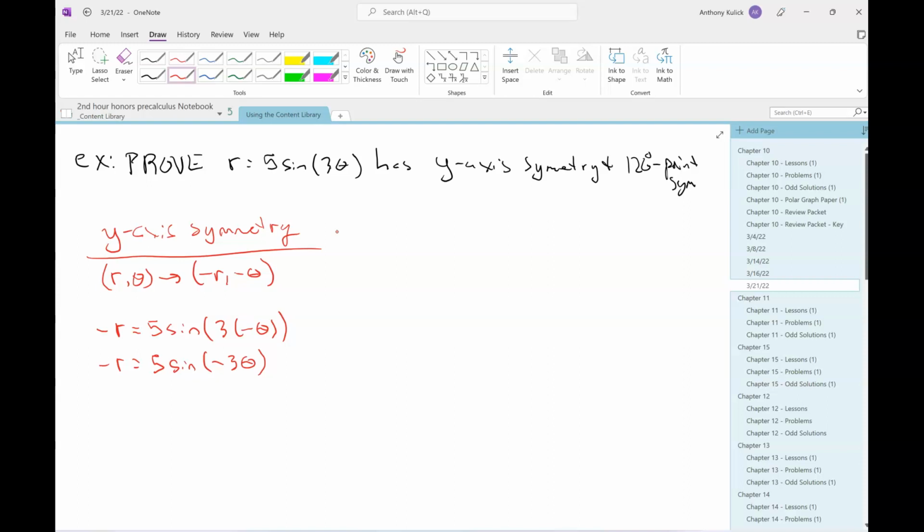Maddie? The sine of negative theta equals negative sine theta. Yeah, the odd-even identity that says sine of negative theta is equal to negative sine theta. And then if we divide both sides by negative 1, oops, forgot my 3. I'm done.